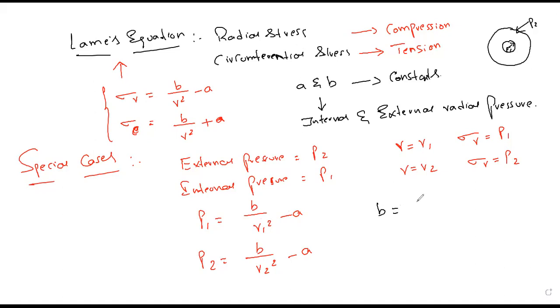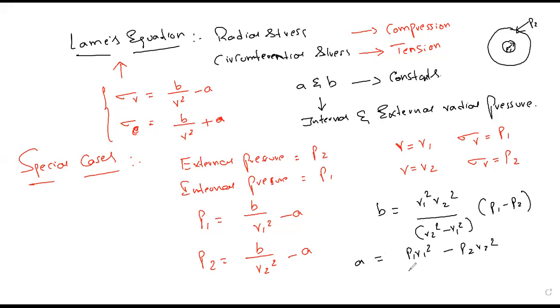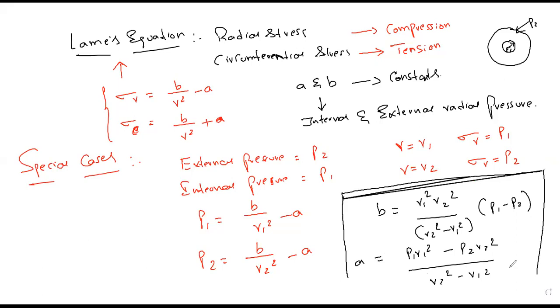B can be evaluated with respect to radius and pressures: R1 square R2 square by R2 square minus R1 square of P1 minus P2, and A is P1 R1 square minus P2 R2 square by R2 square minus R1 square. These are the constants evaluated based on the radius and pressures.